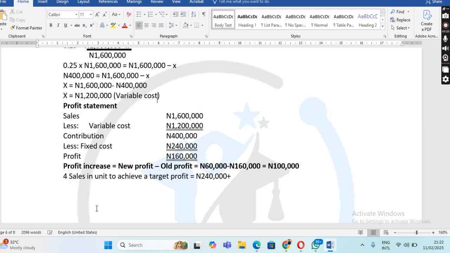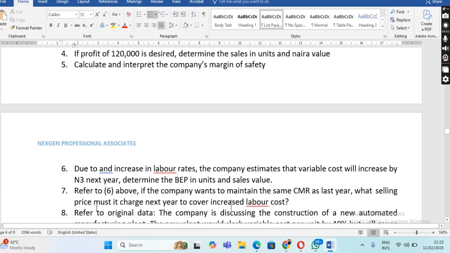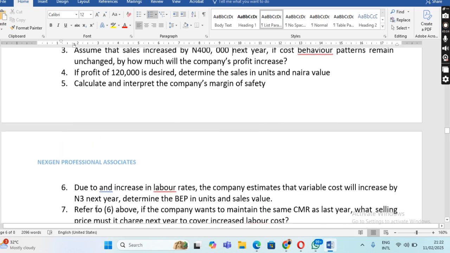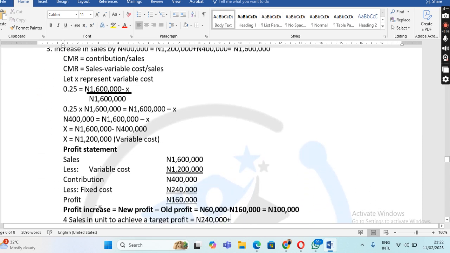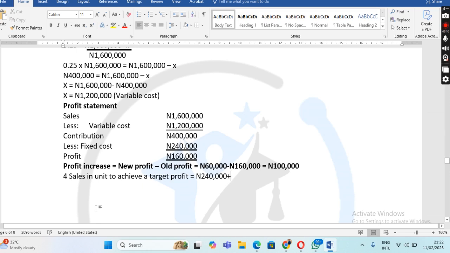What is the target profit there? 120,000 naira. Right? Divided by contribution per unit.